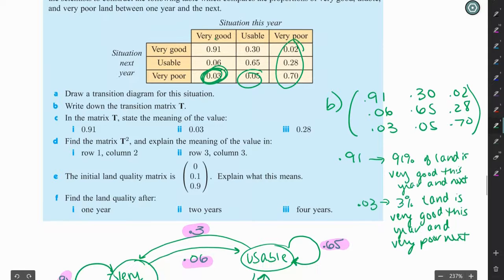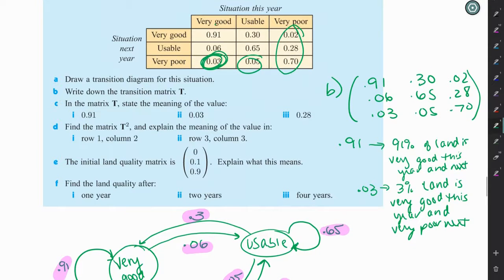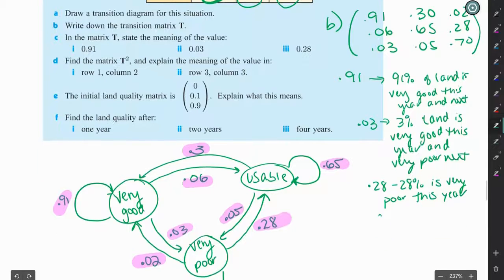And then the last one is 0.28. So 0.28 is that it's very poor this year and becomes usable next year. So that's 28% is very poor this year and becomes usable next year.